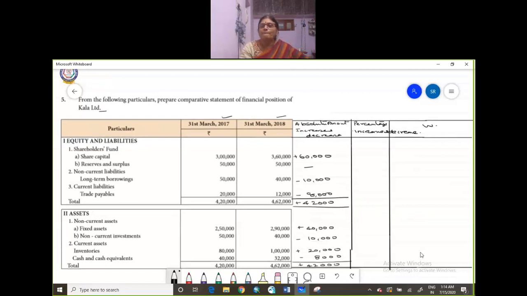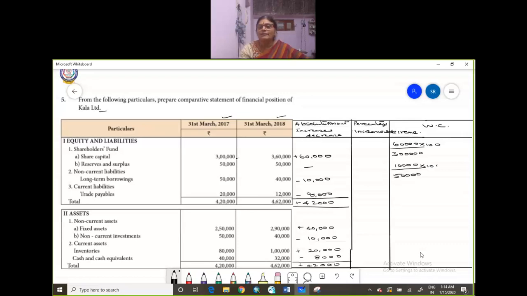Now first one, let us take 60,000. 60,000 divided by this is your 3 lakh. You have to take the figure from the first year, multiplied by 100. Second, there's nothing, your reserves and surplus remained the same. Third, your long-term borrowing is reduced by 10,000; in the first year it was 50,000, into 100.